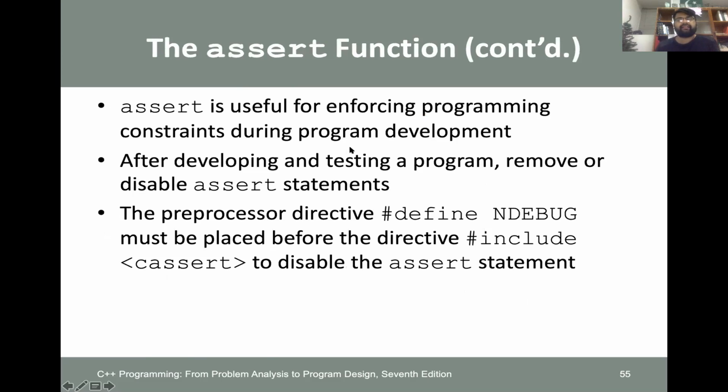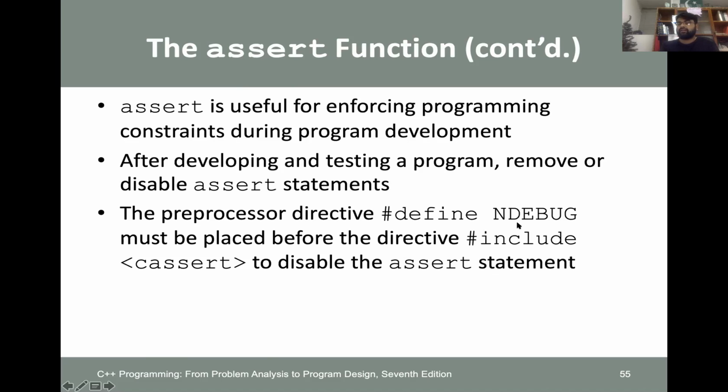So like I said, assert is actually useful for enforcing the programming constraints during program development. And after developing and testing a program, we can actually remove or disable the assert statements. How can you disable it? Well, basically you can simply put the preprocessor directive #define NDEBUG before the directive #include <cassert> to disable the assert statement during normal execution.